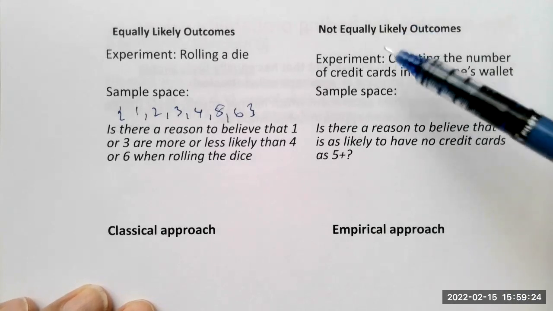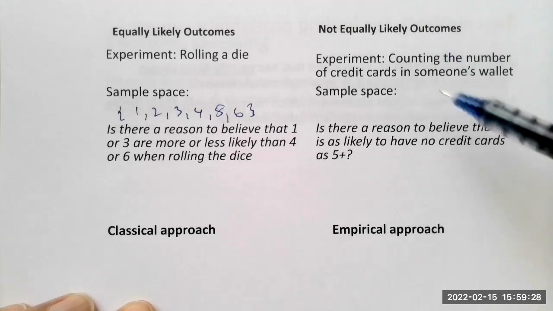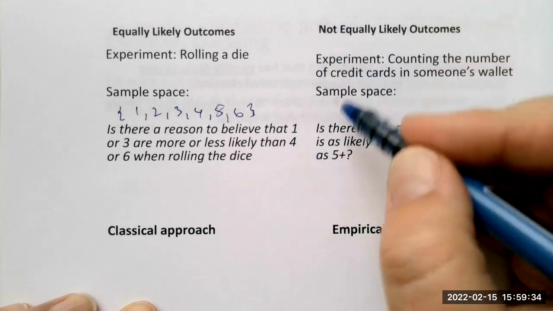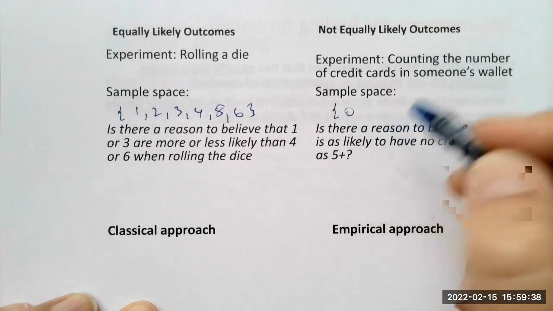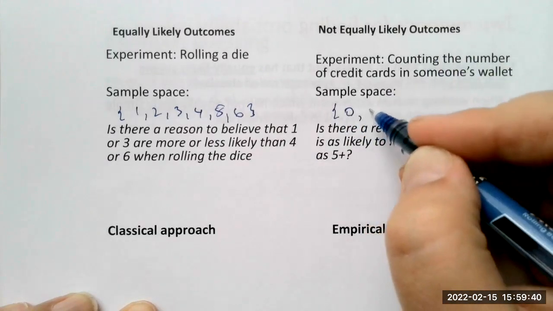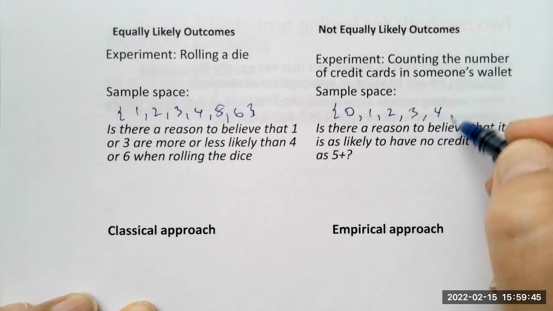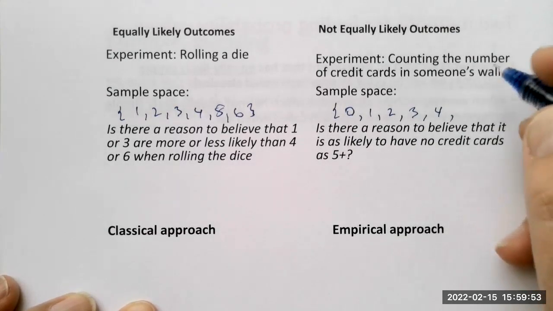On the other hand, an example of not equally likely outcomes is counting the number of credit cards in someone's wallet. For the sample space, let's list, we could have 0 credit cards, 1, 2, 3, 4, or, for the last one, of course, theoretically, there could be an infinite number of cards in someone's wallet.